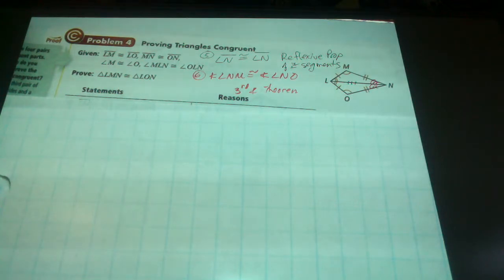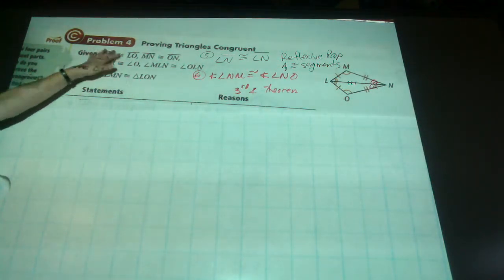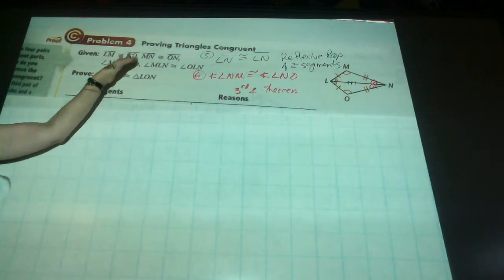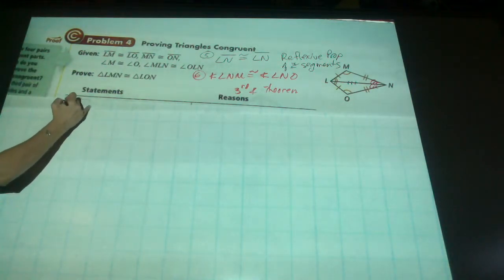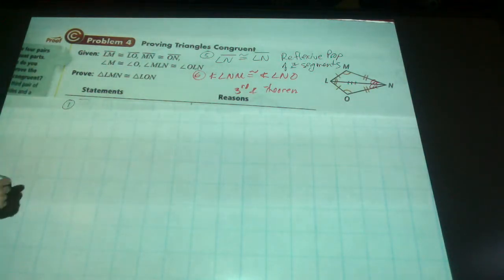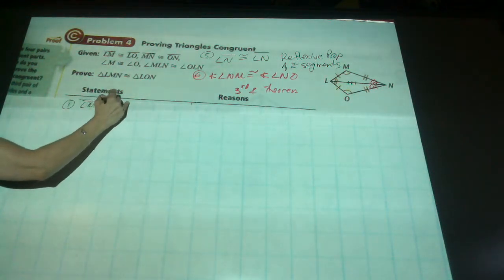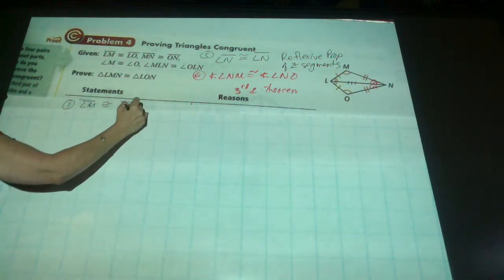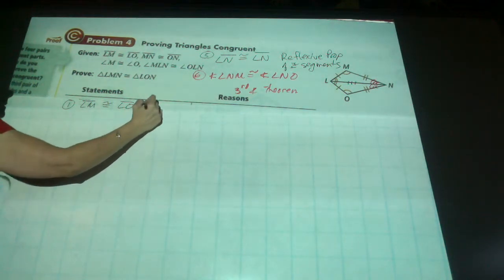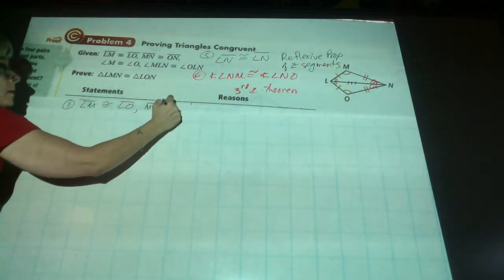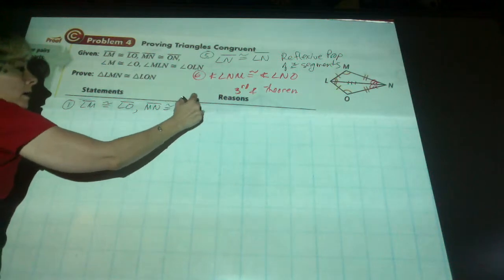So then let's go ahead and prepare a proof. I personally would not split up my sides and my angles. I would just put the whole given into one statement. Side LM is congruent to side LO. Side MN is congruent to side ON.